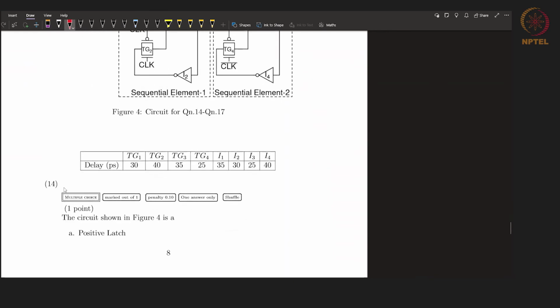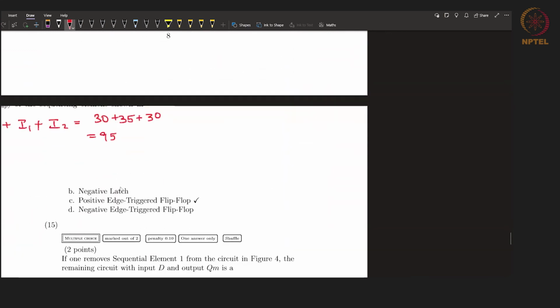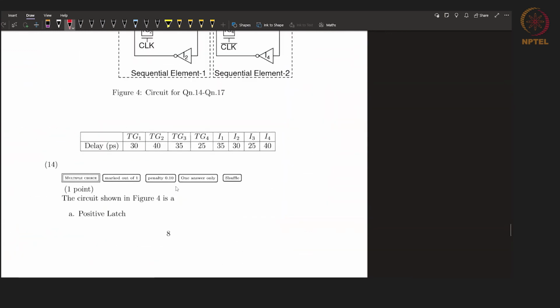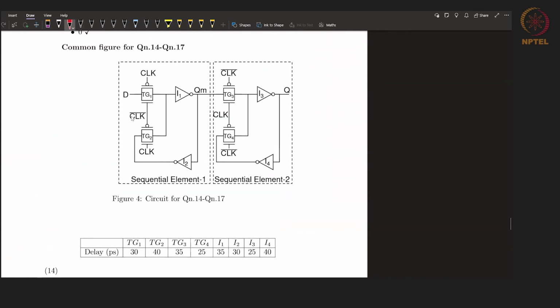Question 14. The circuit shown in figure 4 is a positive edge triggered flip-flop. Why? Because you have a clock connected here, clock, clock bar, clock bar. If you look at this, this is a negative latch, and this is a positive latch.